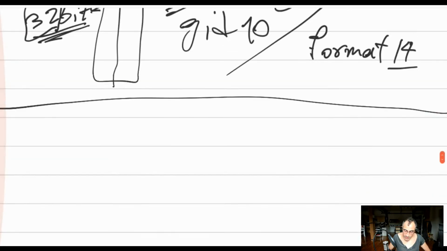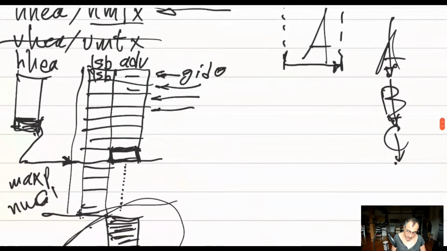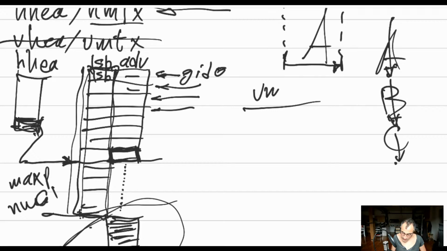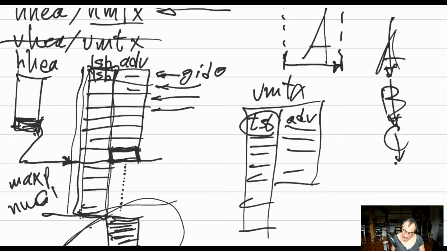Oh, and while I'm at it, so I kept saying the LSB is unused and unnecessary. That's true for horizontal typesetting. When we get to vertical, the VMTX table is similar to HMTX in that it has what's called the top side bearing and then the vertical advance width. And the top side bearing is currently needed to derive what's called the vertical origin of the glyph.